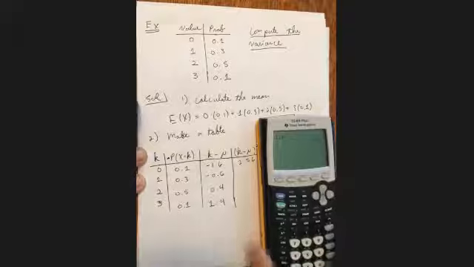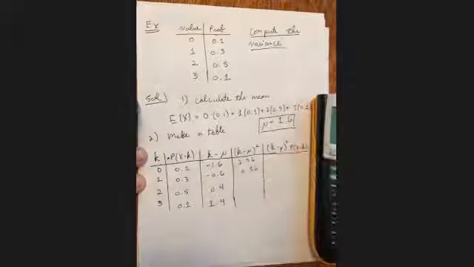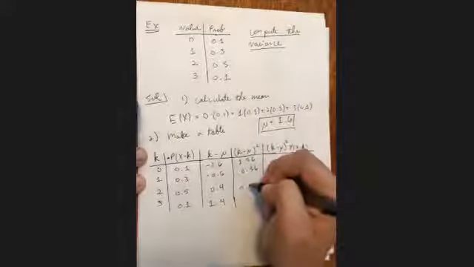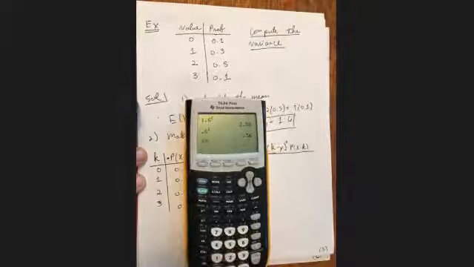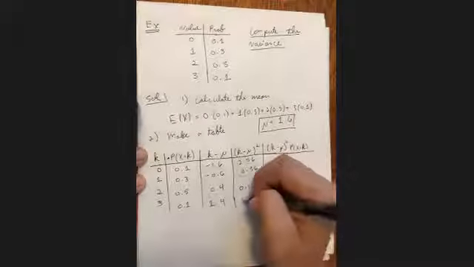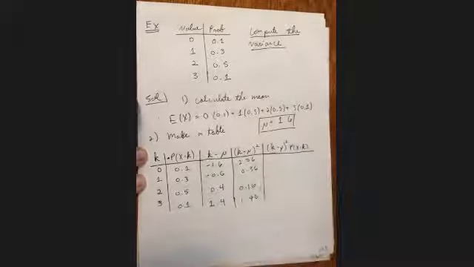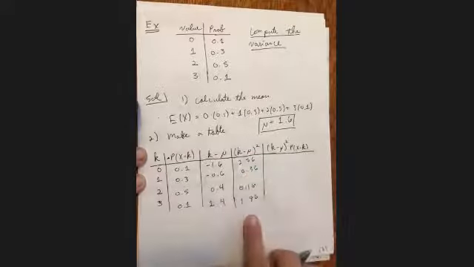I square 0.6 and I get 0.36. I square 0.4 and I get 0.16. And I square 1.4 and I get 1.96. Okay, so now we've taken everything in this column and we squared it.